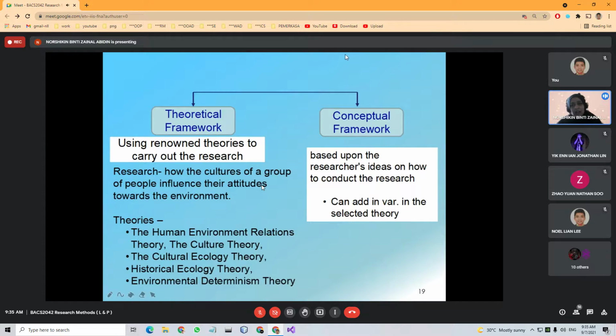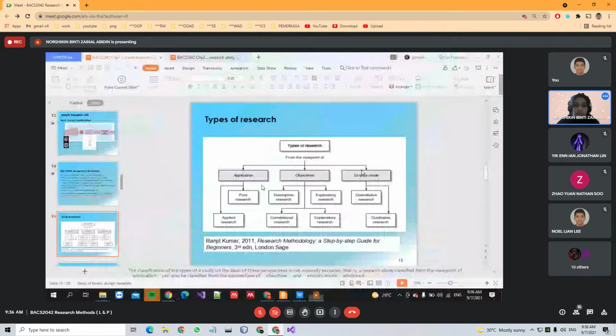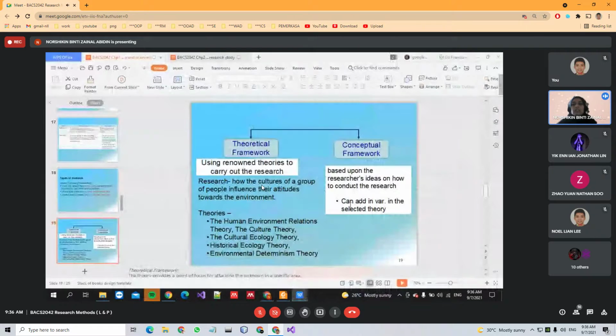That means conceptual framework is not the original idea, but more our own idea. That means the idea is from the researcher. It can come from the researcher's observation, from which he gets the idea to conduct the research, or from any early preliminary study. Okay, that's conceptual work.